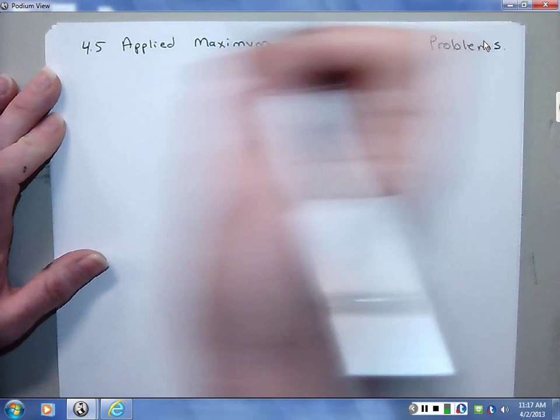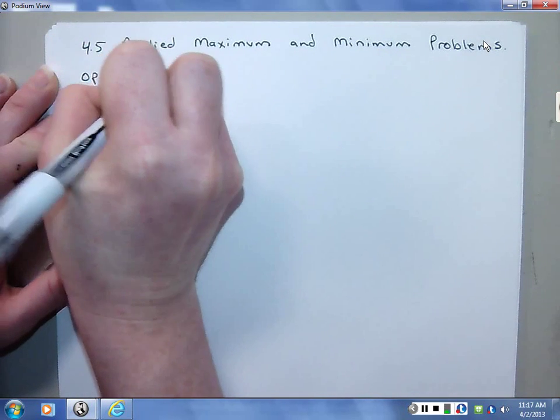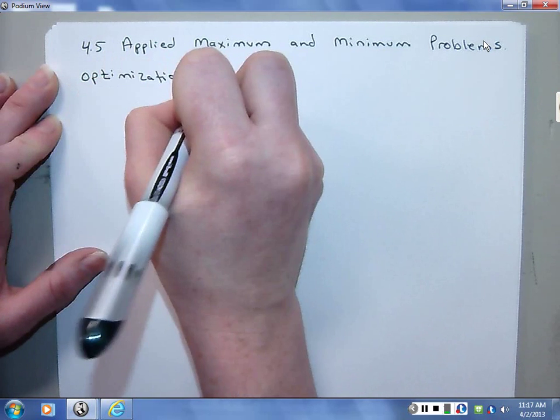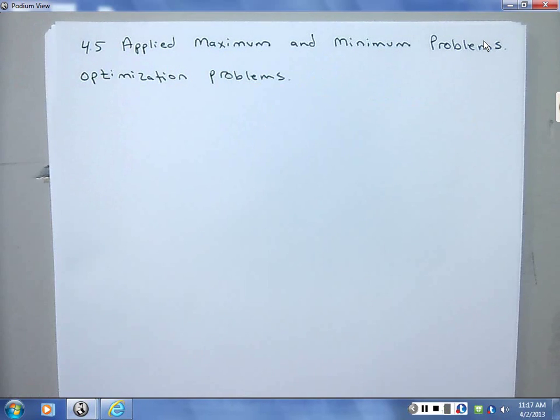So we're going to look at optimization problems. And the first two we're going to look at, more than likely you've done in college algebra at some point in time. And I probably am not going to take the time, well, I'll write them up.